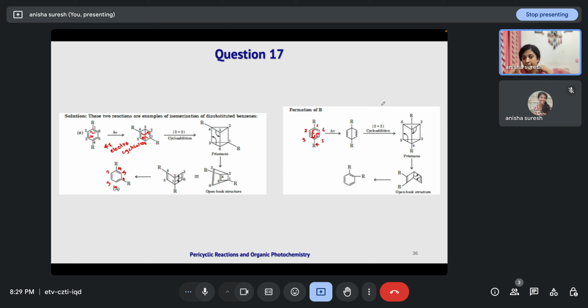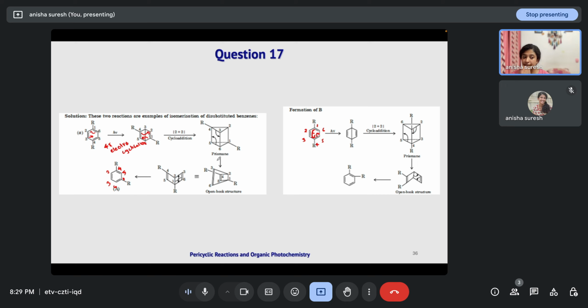The prismane will get converted into an open book structure, that upon a bond breaking, an electrocyclic ring opening reaction will be taking place, leading to formation of the benzene. So here a ring closing reaction is taking place, here a ring opening reaction is taking place. Similarly, here a 2 plus 2 cycloaddition, here a 2 plus 2 cycloreversion. Okay, I hope the mechanism is clear.